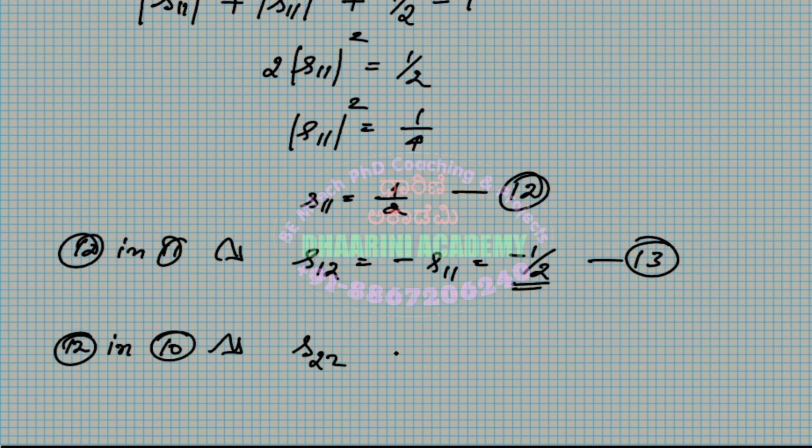S22 is equal to S11, so that will be 1 by 2. S22 is equal to S11 equal to 1 by 2. Call this equation 14.